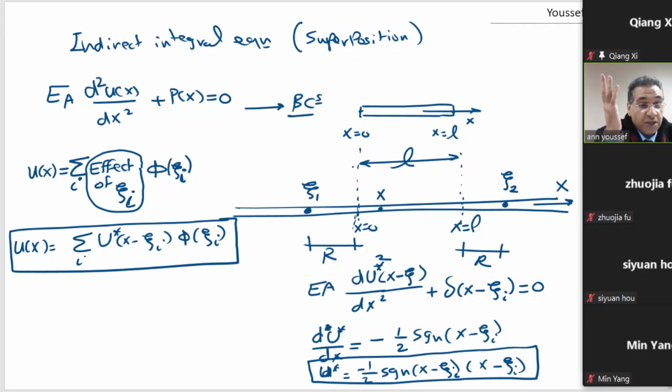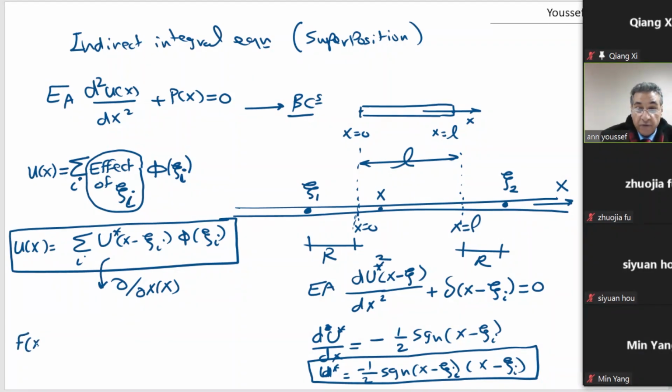So what I'm going to do now is differentiate this equation with respect to the point x, d by dx, and I will get the strain. Then I will multiply this strain by EA, and I will get the force.